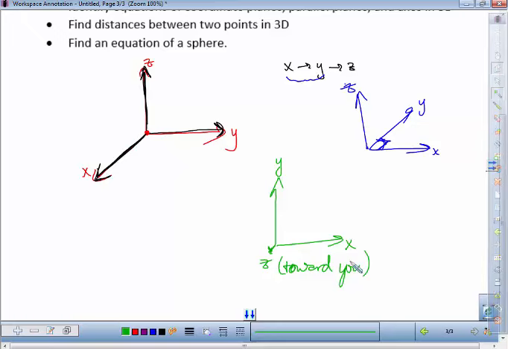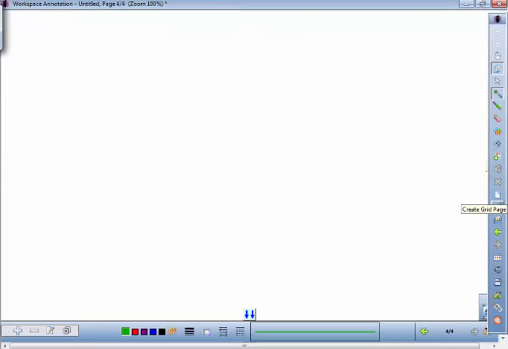Okay, so this is the idea, or this is the beginning of the setup. Let's get into some of the basic equations that we'll need to describe the elementary parts of our three-dimensional world.